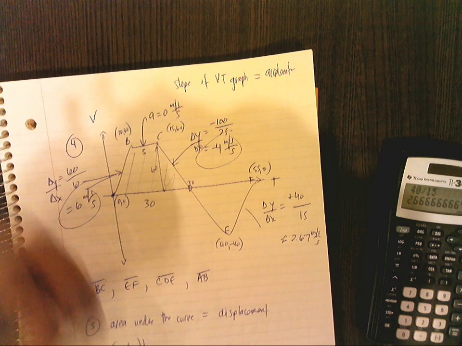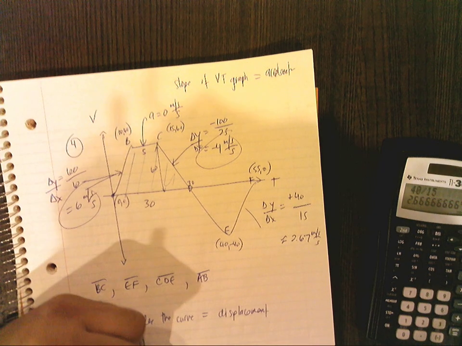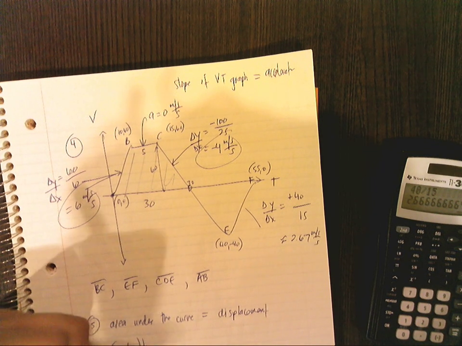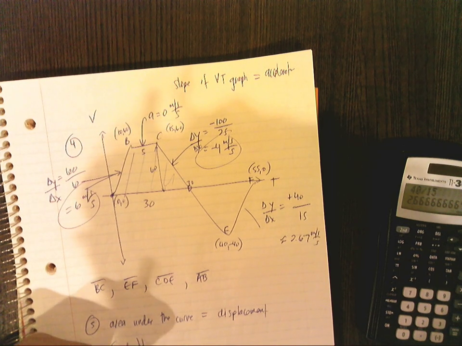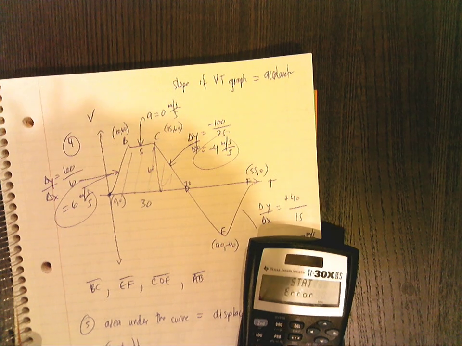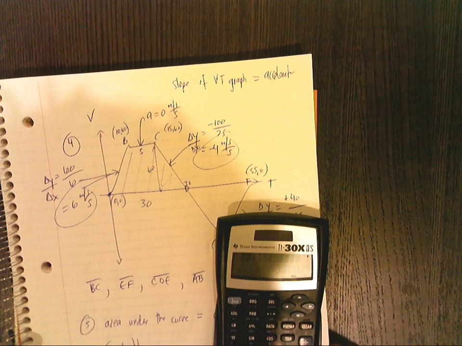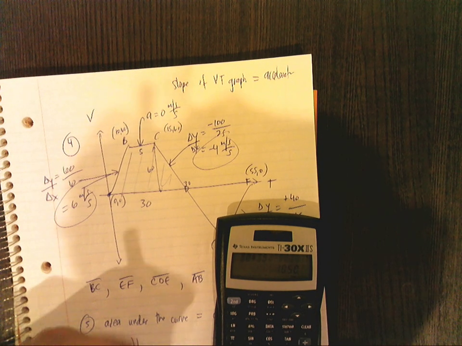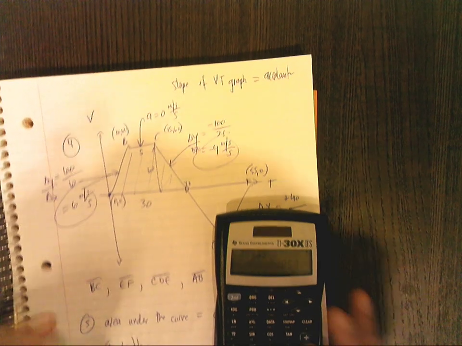My base 1 is 30, my base 2 is 5, my height is 60. 1/2 times 35 times 60, which equals 30 times 35, since I multiplied the half times 60. 30 times 35 equals, well, he moved in a positive direction, positive 1,050 meters.